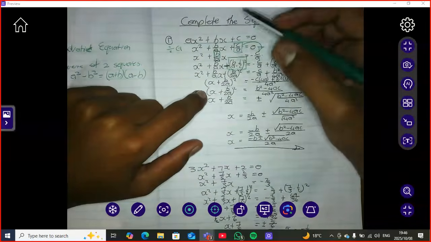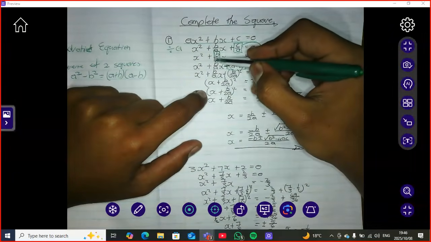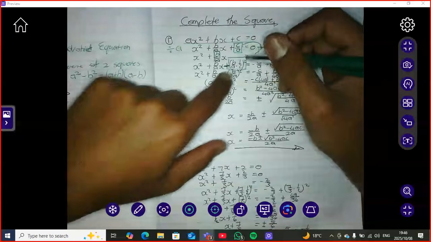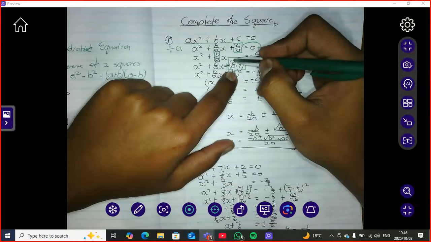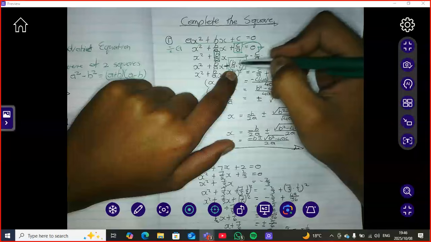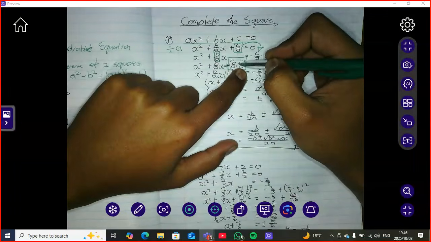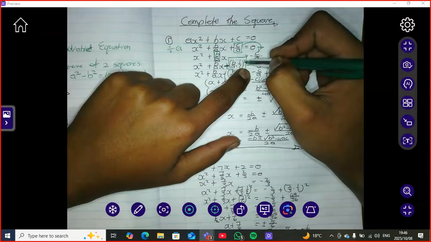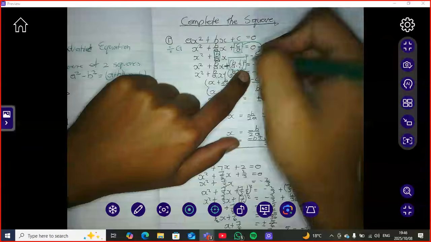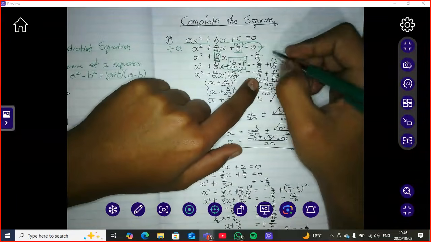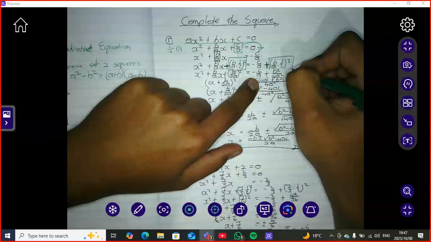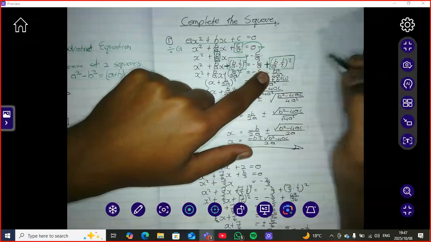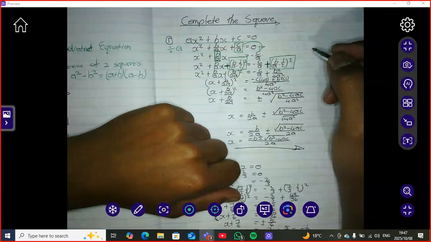Then the next step, you take your b value, no matter what it is, and you add it: in brackets, b times a half in brackets squared. Then you do the exact same thing on the other side. You add the exact same thing, your b value times a half in brackets squared.